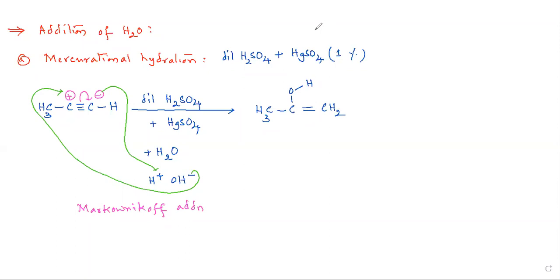Now this is enol, en, double bond plus ol, OH. Enol form is unstable, right? Now this enol undergoes tautomerization.